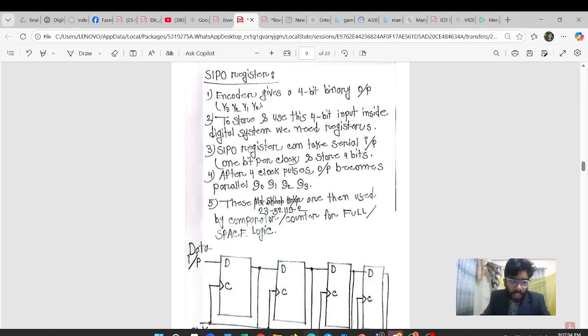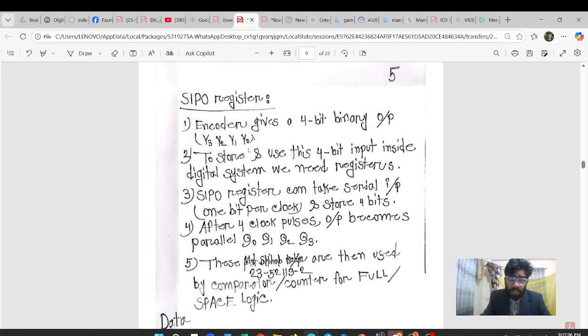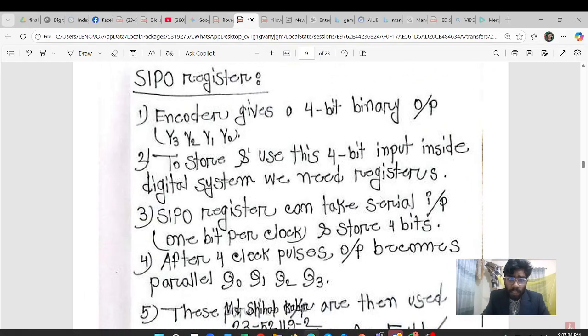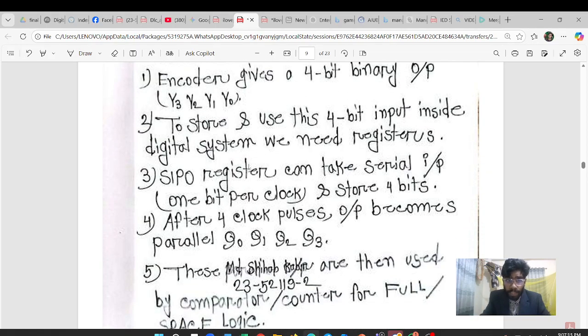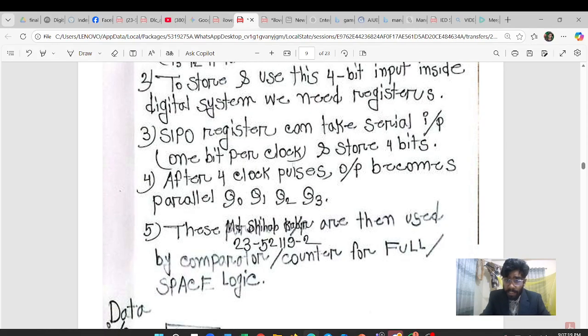Now I elaborately discuss some points. The encoder gives a 4-bit binary output. To store and use this 4-bit value inside a digital system, we need a register. A SIPO register can take serial input, that means input 1 bit per clock and store 4 bits, then output 4 bits at the same time.